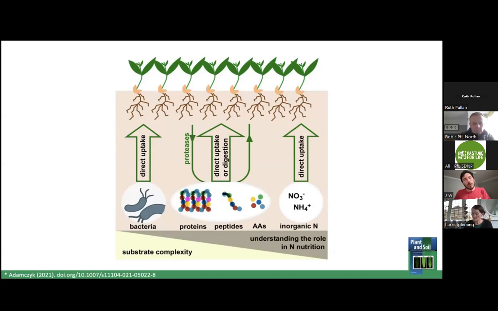They still use some inorganic forms as well, of course, there's a mixture of both, but in natural systems the nitrogen forms lean a little bit this way. In agricultural contexts, they lean a little bit towards the inorganic forms because primarily that's what we deliver.